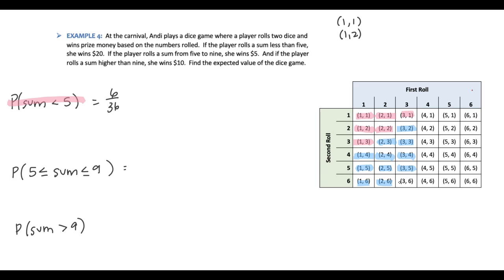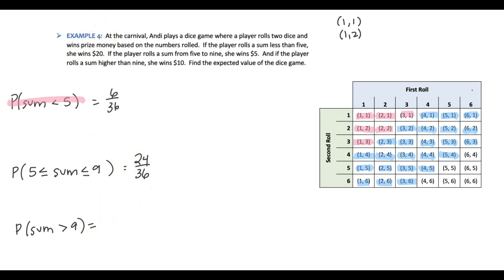I'm also going to include 3, 6 because that's a sum of 9. 4, 1, 4, 2, 4, 3, 4, 4, and 4, 5. 5, 1, 5, 2, 5, 3, and 5, 4. 6, 1, 6, 2, and 6, 3. And if we count up all the blue highlighted representations of our rolls, we end up getting 24 out of the 36. And again, I'm going to save reducing that for later.